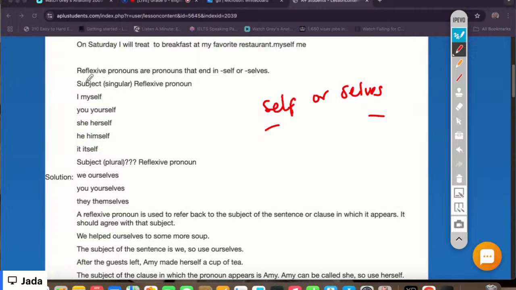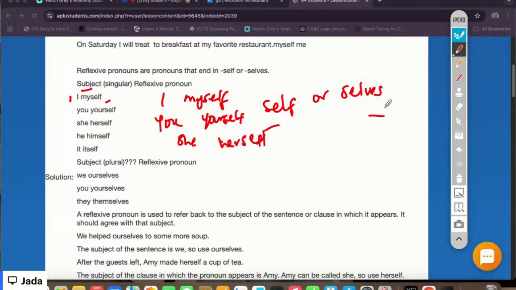So we have the subject, the singular reflexive pronoun. We have I goes with myself. So I goes with myself. And then we have you, yourself. Then you have she, herself.